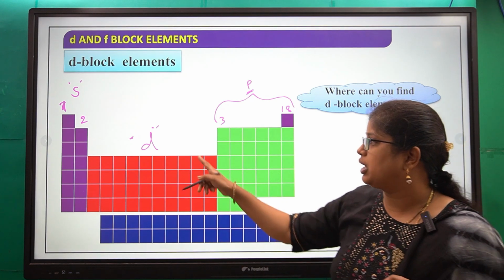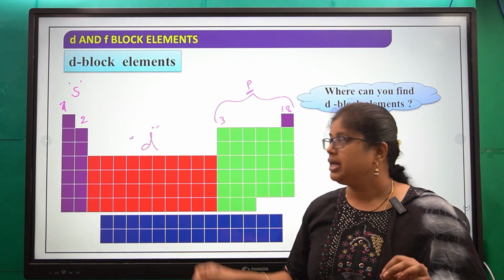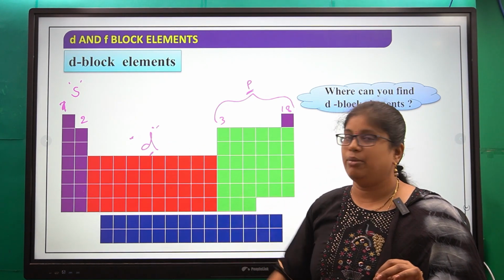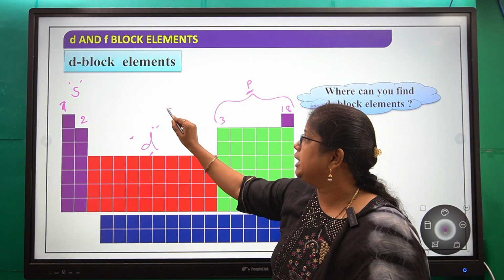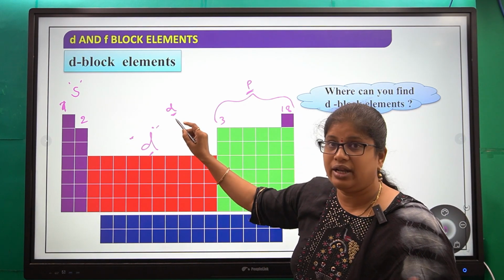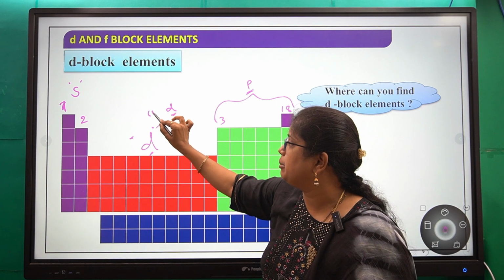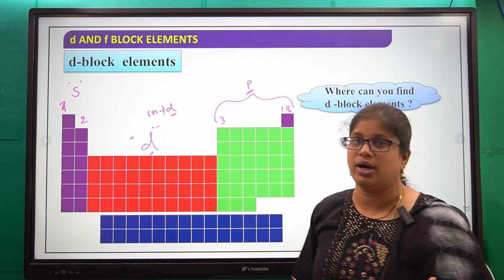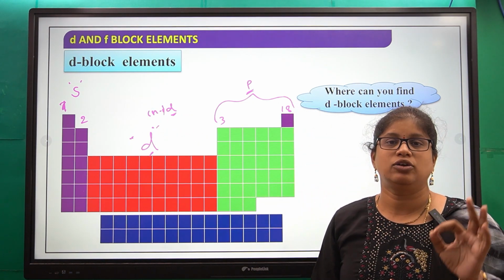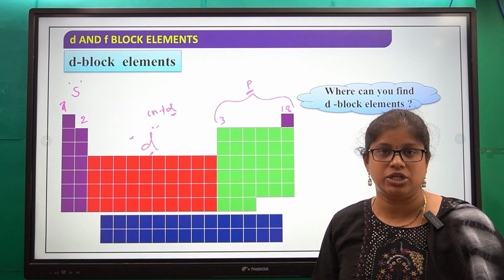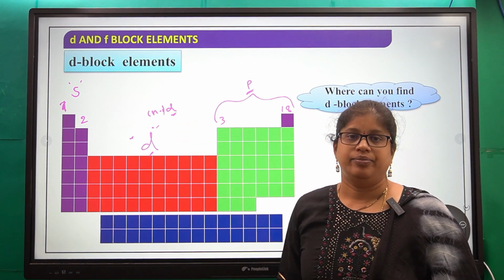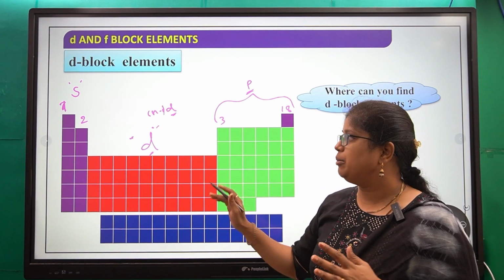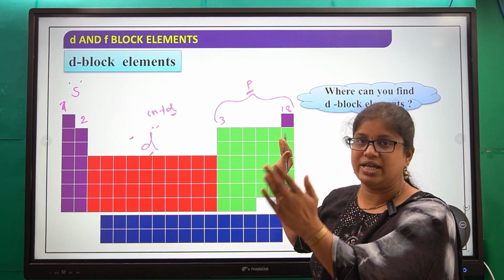Moseley placed D block elements in the middle of S and P. In the D block elements, the differentiating electron is entering into the D subshell. And where is the D subshell? In the penultimate shell, that is N minus 1. So if the electron enters into the penultimate shell, that is called a D block element. D block elements are placed in the middle of S and P.